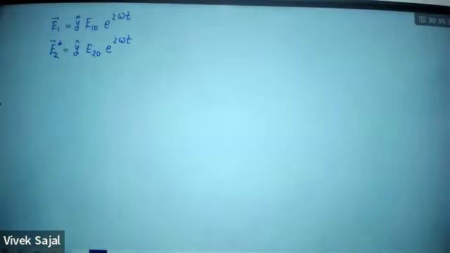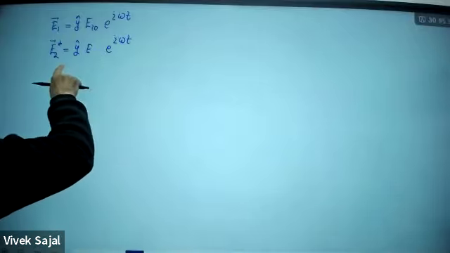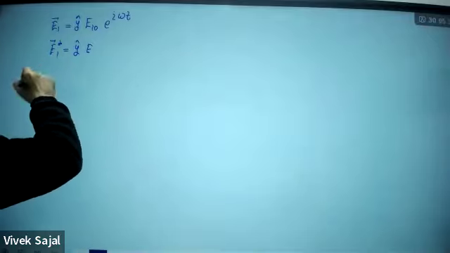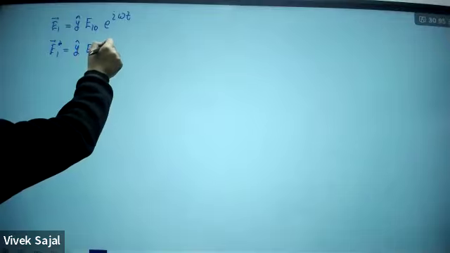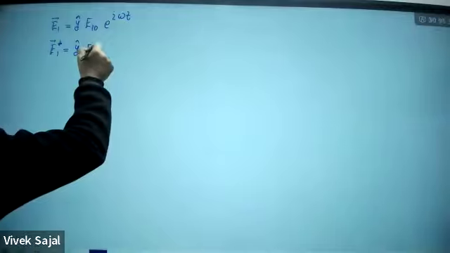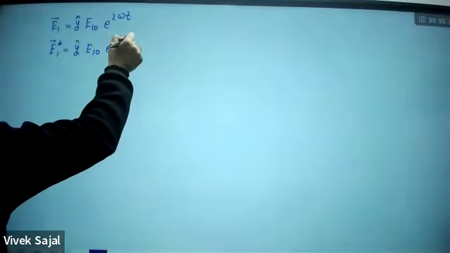Sorry, here I was taking the complex conjugate. I have written it for the other, second one. So this will be E1 star, E1 naught e to the power minus iota omega t.